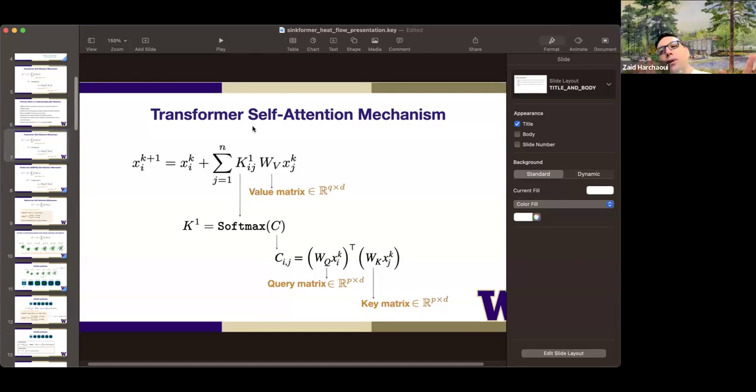Well, I mean, there are two ways to look at this, right? One is you take transformers and notice that this K is kind of a kernel matrix, right?